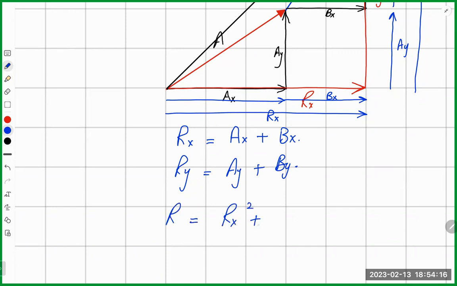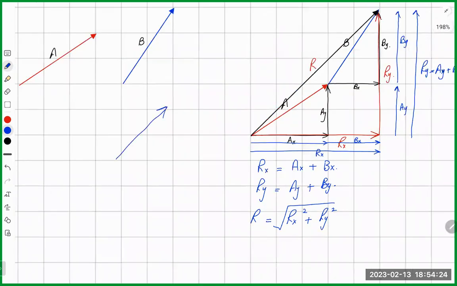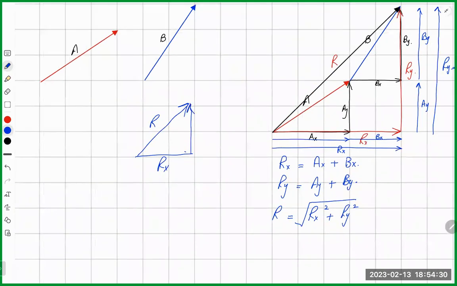the square root of Rx square plus Ry square. So if there is a resultant like this, and you know the resultant's X component and the resultant's Y component, you have both components and you need the resultant, and it is a right angle triangle.